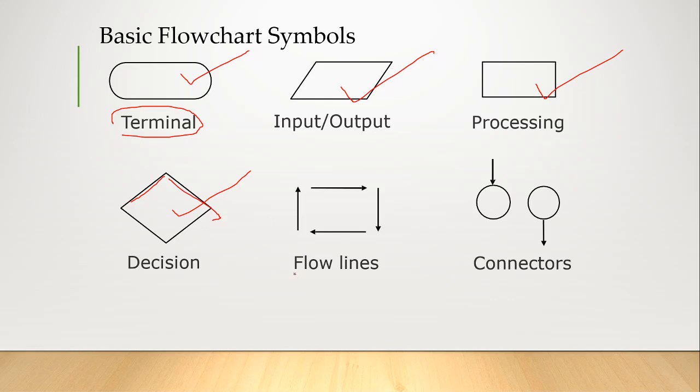Flow lines are used to connect one box to another box, and these are the connectors, used if your flowchart has more than one page. To connect a flowchart of one page to another page, we use connectors as a symbol.